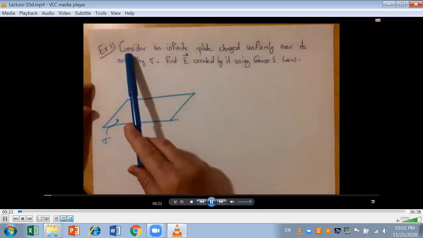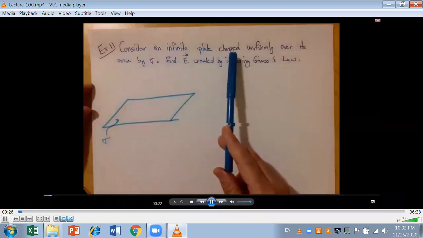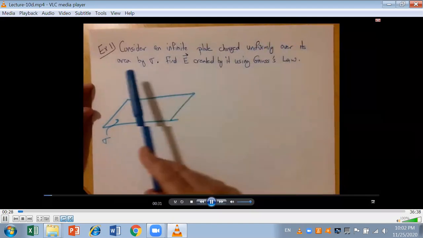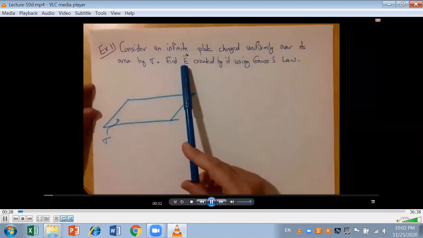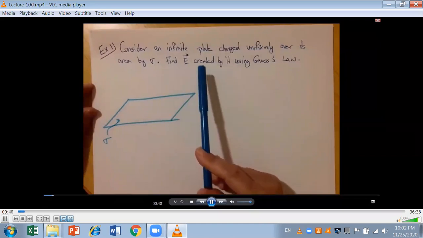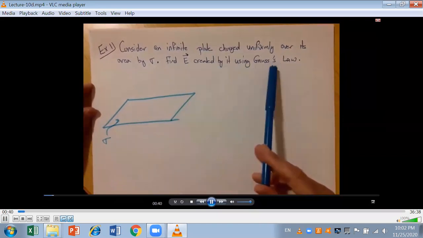Consider an infinite plate charged uniformly over its area by sigma. Find the electric field. Of course, from symmetry we know the direction, so we only need to find the expression created by it using Gauss law.